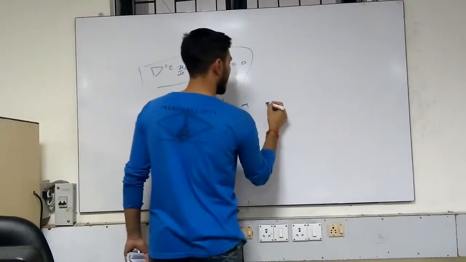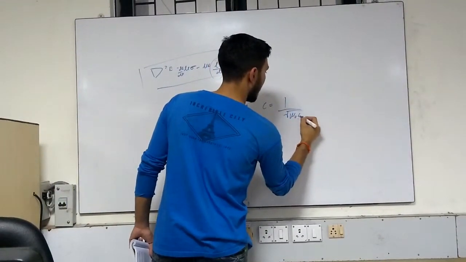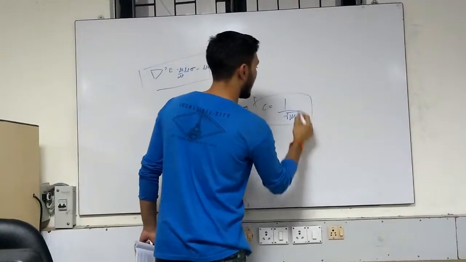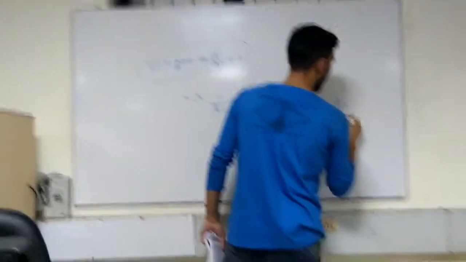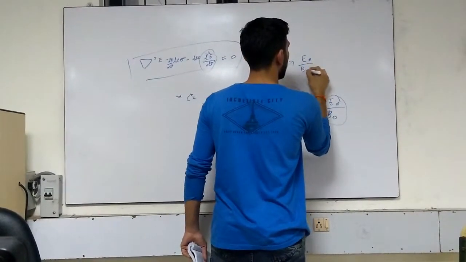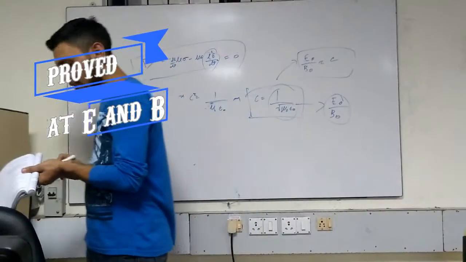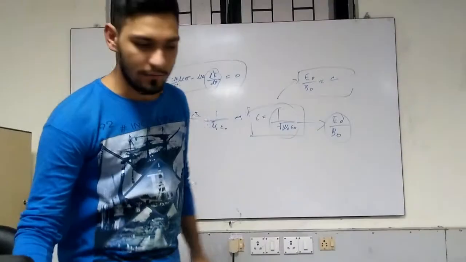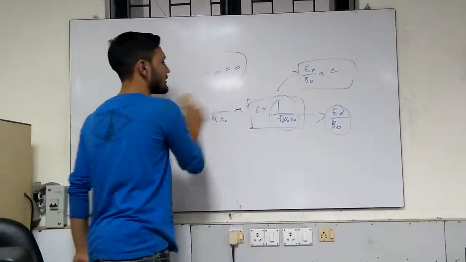Now taking roots on both sides, we can write C as 1 over the square root of mu naught epsilon naught. And we also know that this factor can come with the ratio of E naught to B naught. So we can also write E naught by B naught is equal to C. This is just one of the basic things which we can do with the help of divergence and curls and with the help of our Maxwell equations and other stuff.